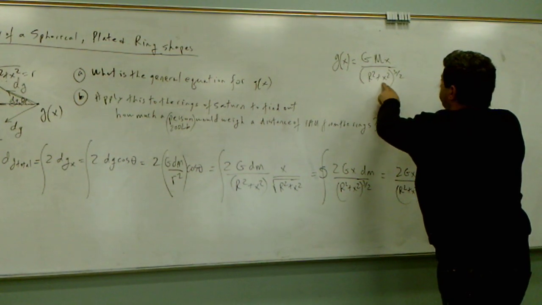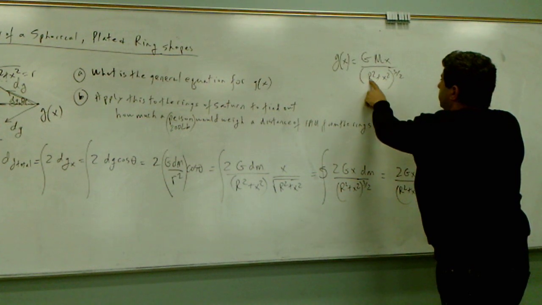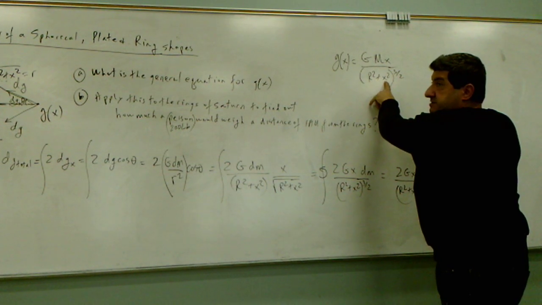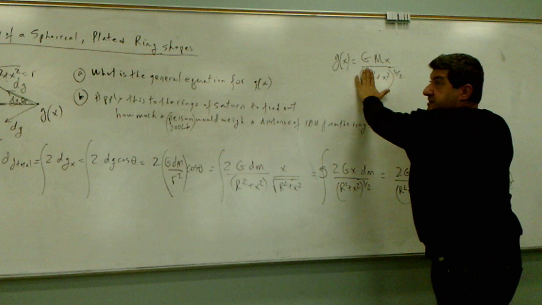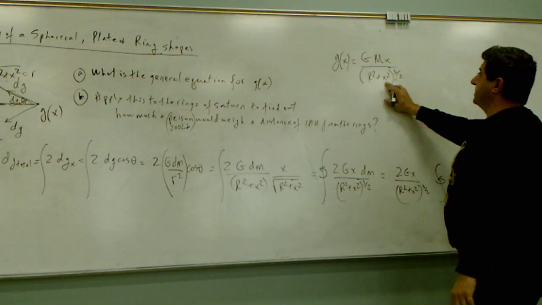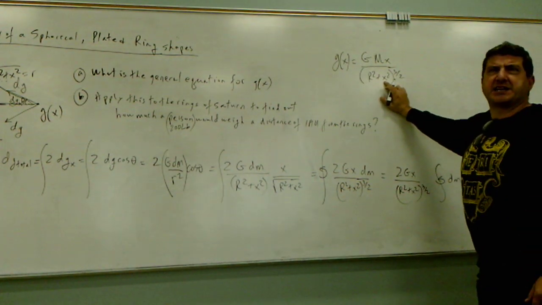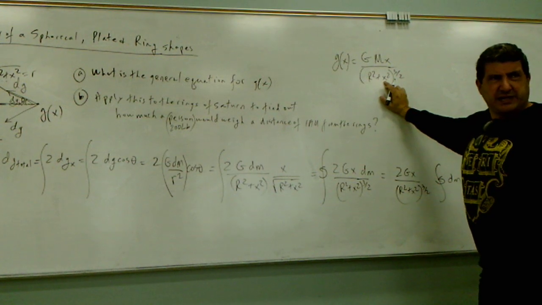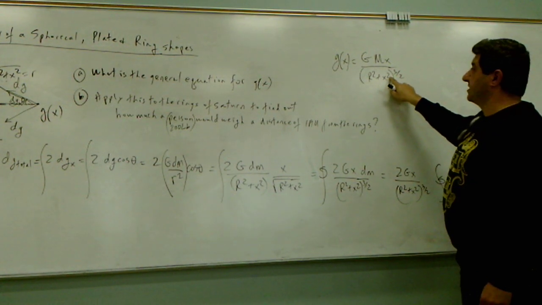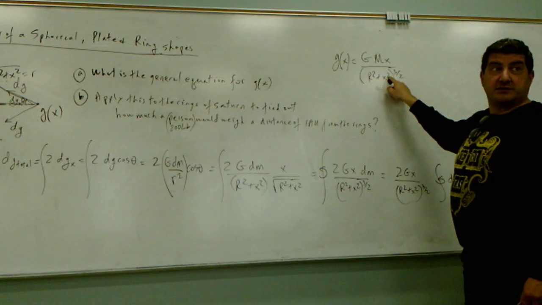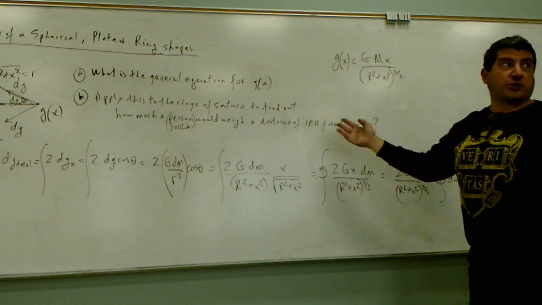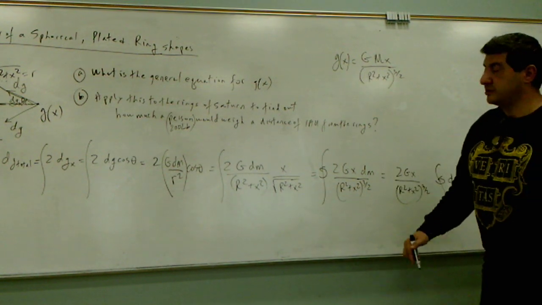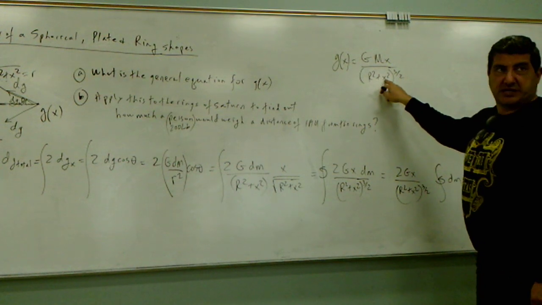One of the tricks we use is to say, as this gets bigger, this becomes insignificant compared to that. So we can kind of ignore the effect of this, right? Because as x gets bigger and bigger, let's say x is equal to 10 times the radius. 10r squared is going to be 100r squared. 100r squared plus r squared is 101r squared. Right? So then this doesn't affect this as much.